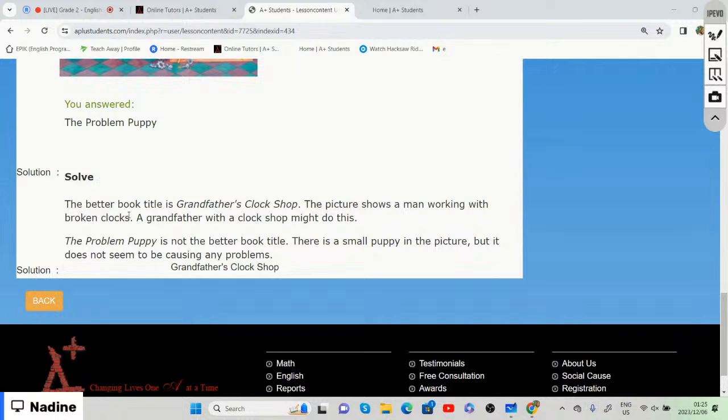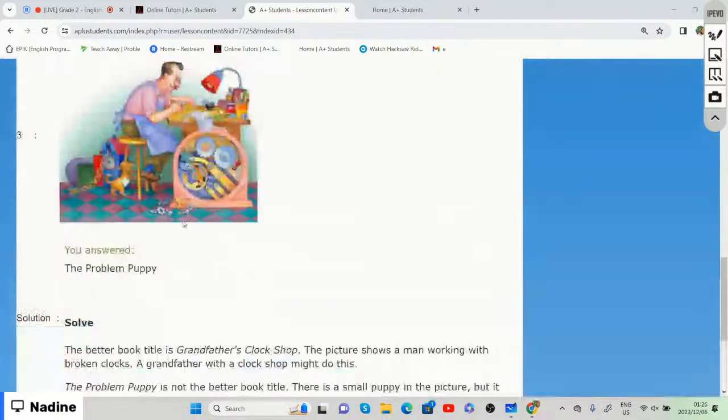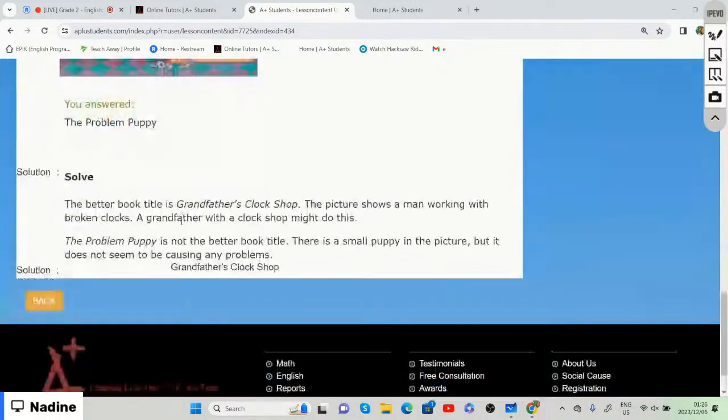The better book title is Grandfather's Clock Shop, which means that he's a grandfather, a big, old man. And this picture shows a man who's working with broken clocks.